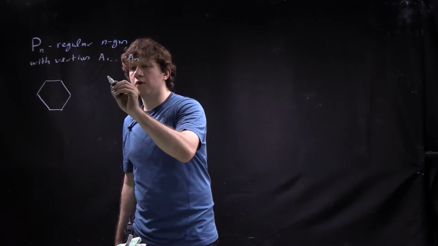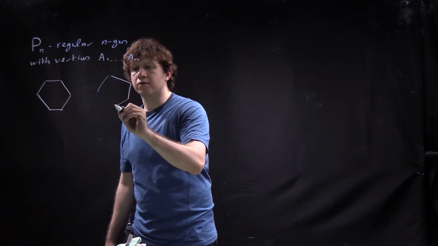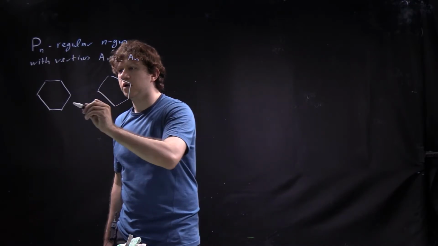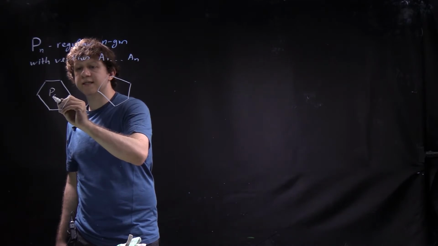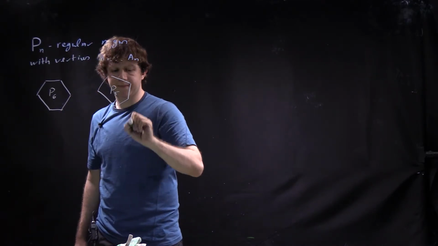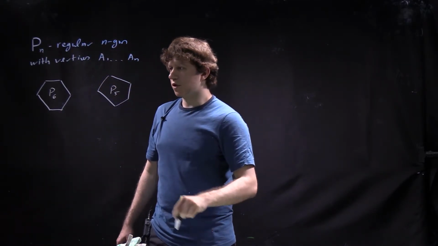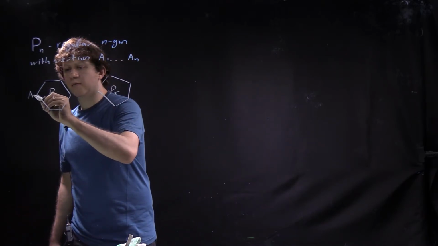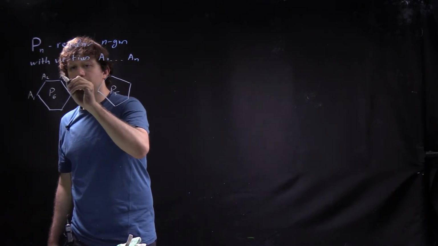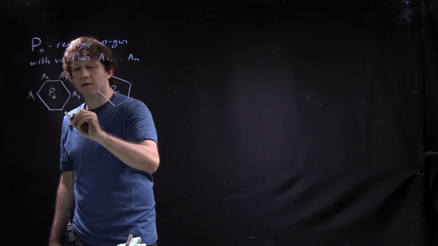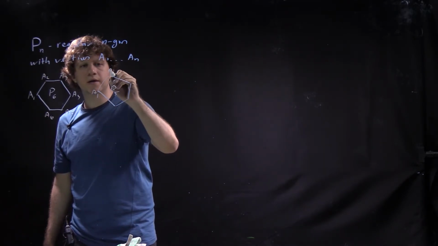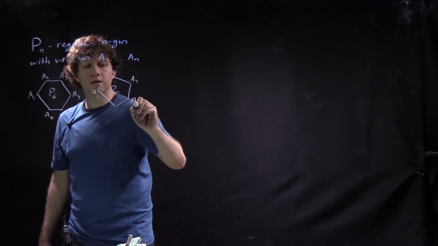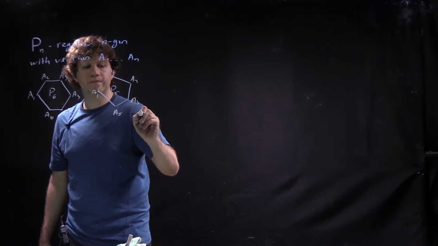It's a 6-gon and a 5-gon. So that's P6, and that's P5, and you'll see why. So the vertices are A1, A2, A3, A4, A5, A6, and here A1, A2, A3, A4, A5.